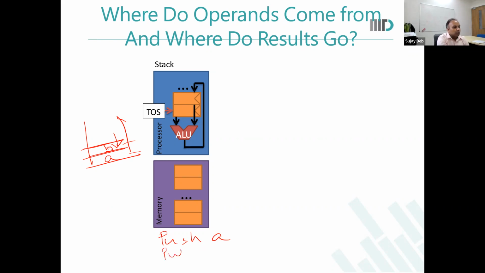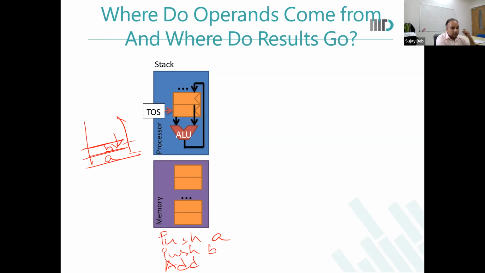Then I'll write push B. First A will be put, then B will be put. Now if I just write add, then the top two elements of the stack will be by default added, and the result will be stored at the top of the stack. So I have to just write add. I don't have to explicitly say add A and B and store it in C.